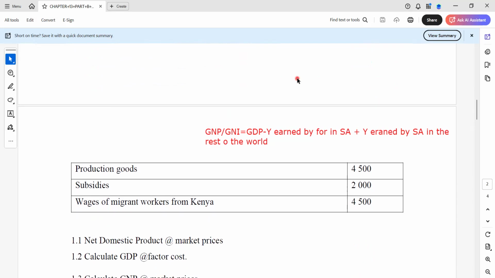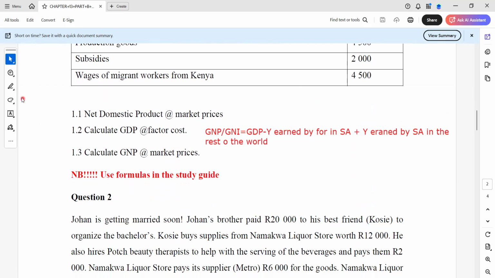And then wages of migrant workers from Kenya. So these are migrant workers who are here in SA, but they are permanently from where? From Kenya. So this 4,500 is going to be what? Subtracted, right? So now let's calculate. It's going to be 45,000 for GDP at market price.